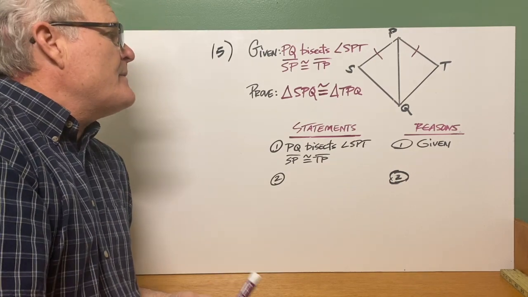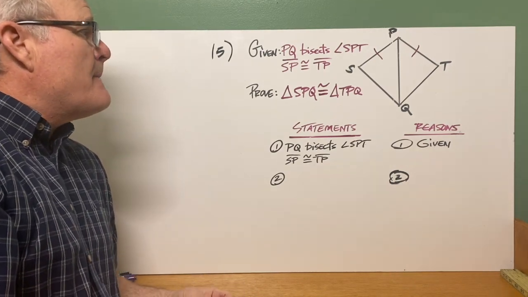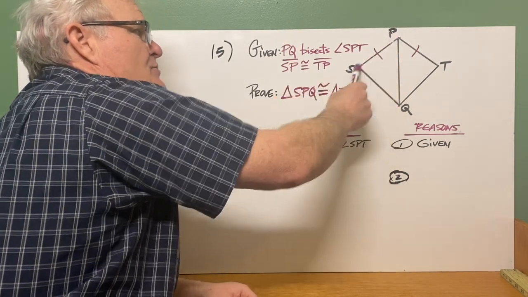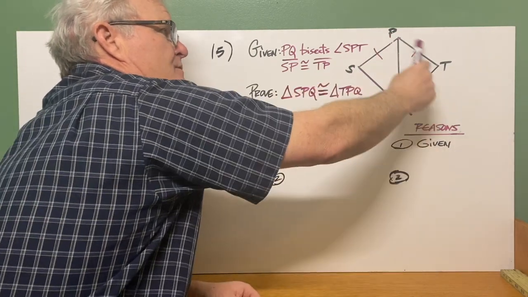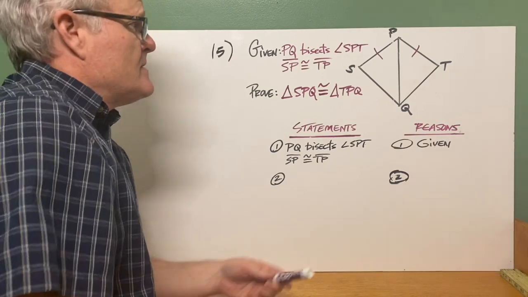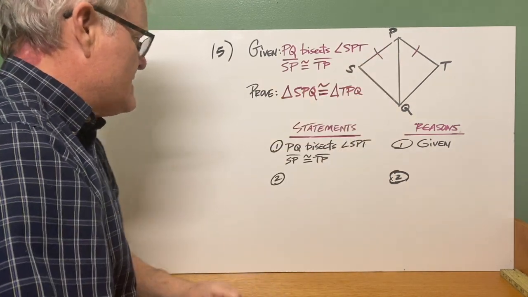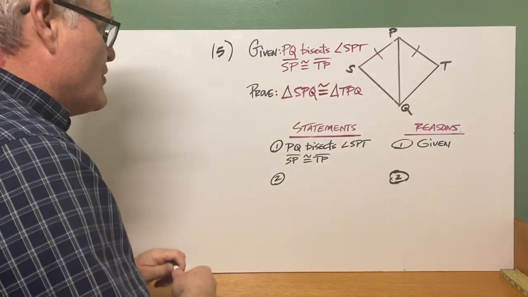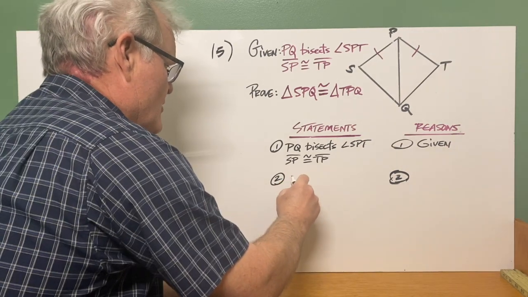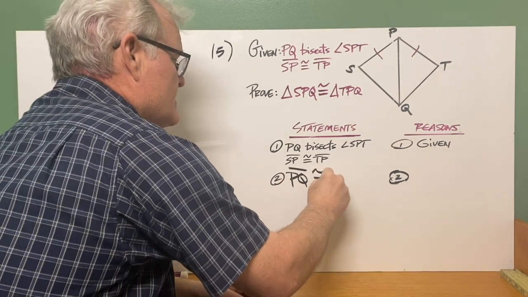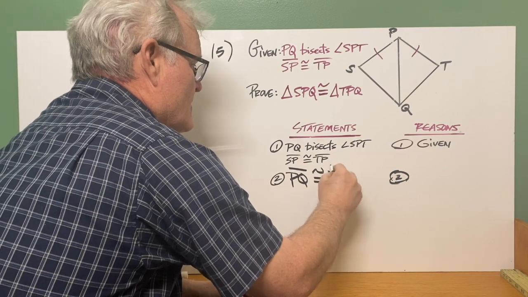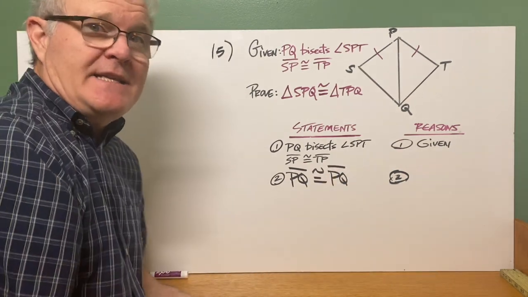So on this one, from the picture, if you'll notice this, PQ is part of both triangles. It's part of triangle SPQ, and it's part of triangle TPQ. So I can say on this then, that our statement 2 here could be that PQ is congruent to PQ. But we've got to actually state that.